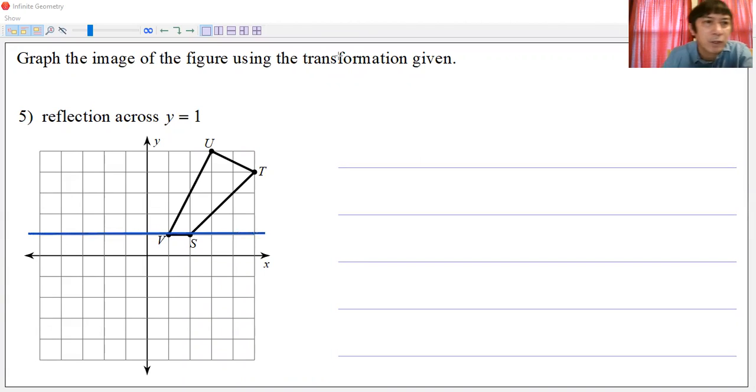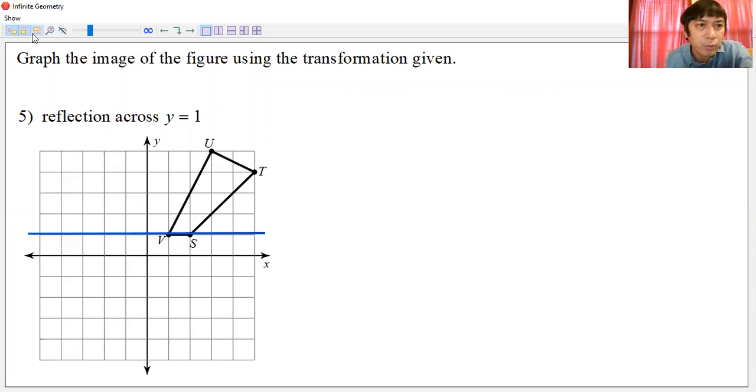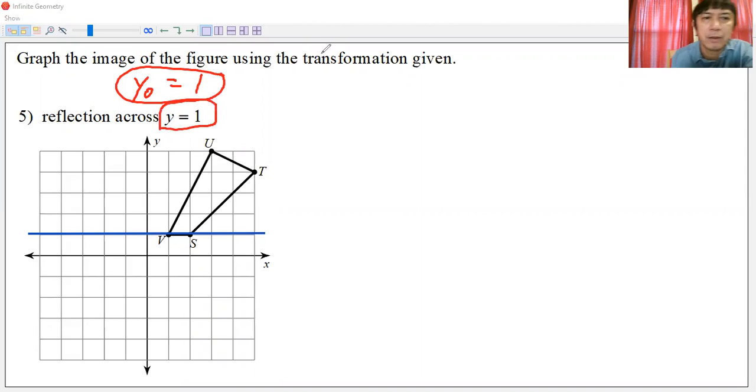There. That's y equals 1. Okay, that means we're going to use now y sub 0. Okay, all right, let's have y sub 0. y sub 0 is, of course, this value over here, this one. Okay, our y sub 0 is equal to 1.